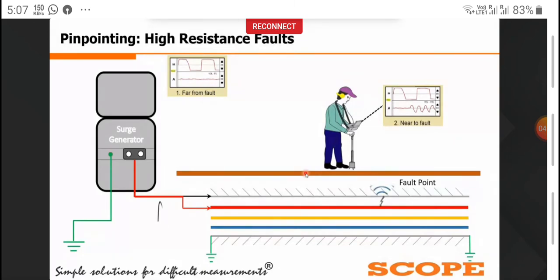When we reach near the fault, in the second picture you can see that we get reflections in the acoustic channel, because we are in the vicinity of the fault point. In this picture you can see that the magnetic field starts from the zeroth point, but there is a time delay, meaning the acoustic signal is received after some duration of time.